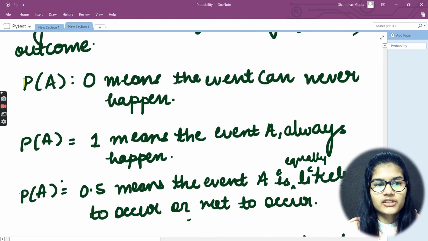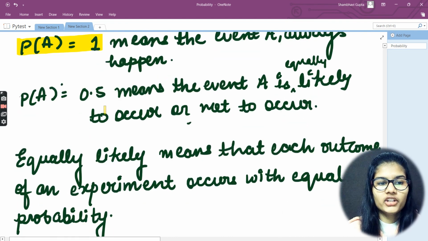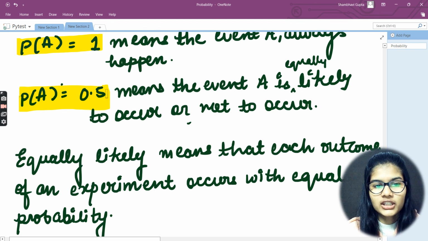Further, I gave you different scenarios: if the probability of A is 0, what does it mean? If the probability of A is 1, what does that mean? If the probability of A is 0.5, what does that mean? These were the different scenarios I mentioned.